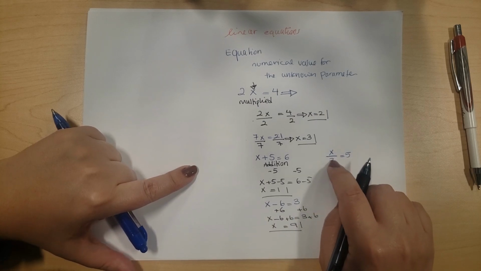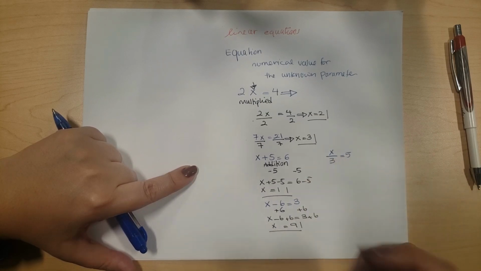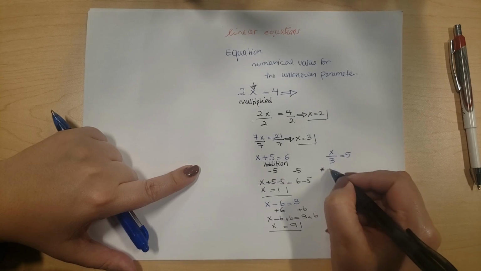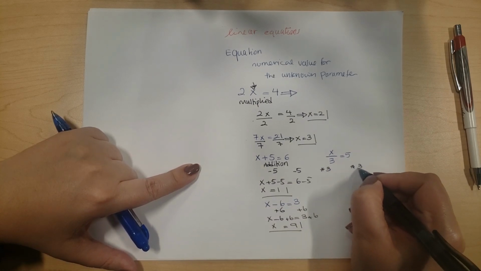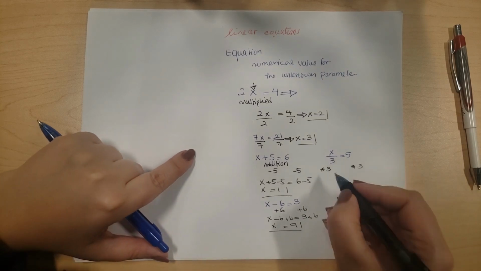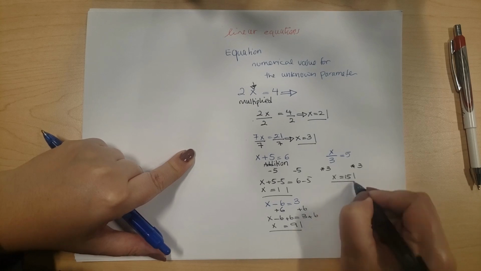What is the operation here? Divided by 3. What's the opposite of division? It's multiplication. So what I have to do is multiply both sides by 3. So I would have x equals 15.